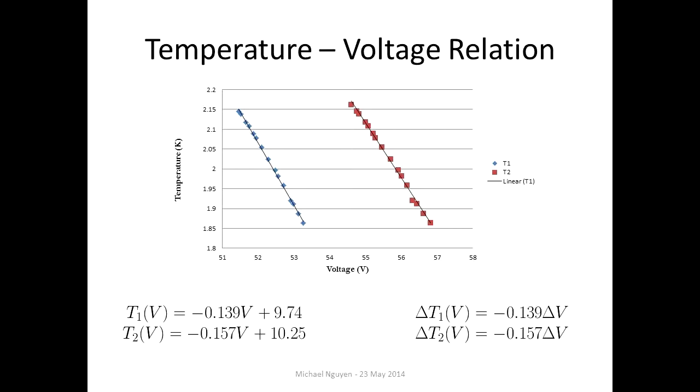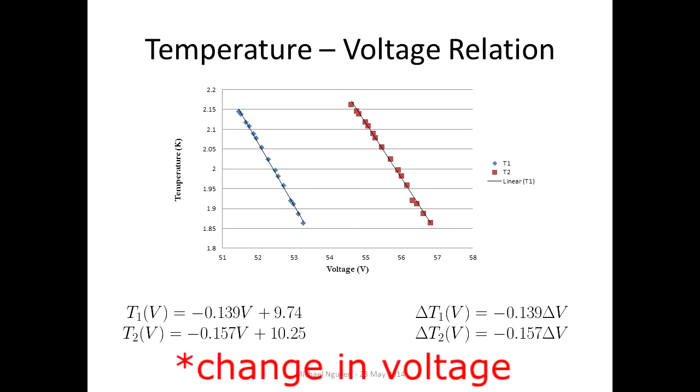We took the derivative in order to find the relationship between the change in voltage and the change in temperature. We wanted to know the change in temperature rather than just the relationship through a function, because when we measure the voltages across the bolometers, we cut out the DC part of the bolometer. And so we will only see the waveforms, which will only indicate the change in temperature.